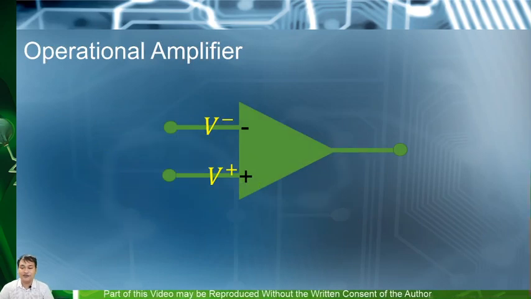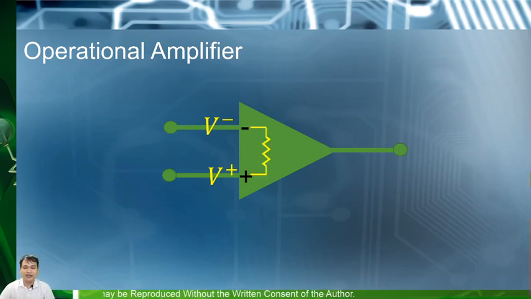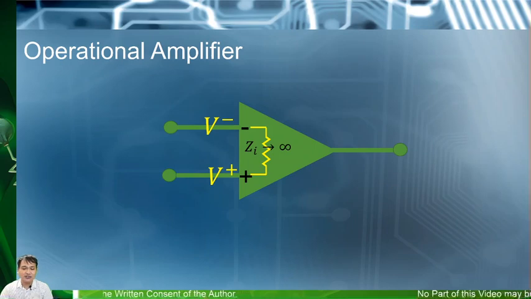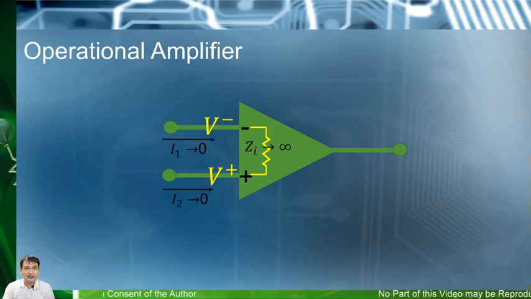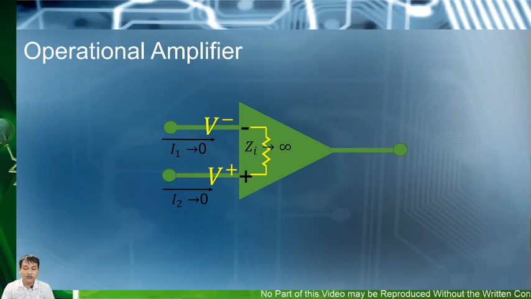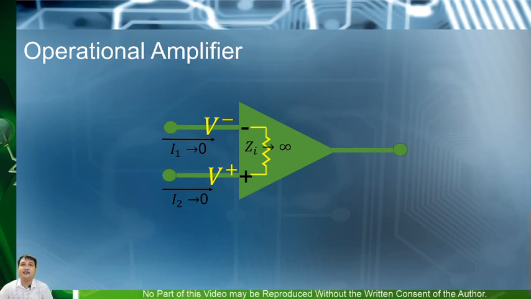Another characteristic of the op-amp is that it has a very high input impedance. So, when it has a very high input impedance, it means that the current entering for both inputs is 0, because the input impedance, which approaches infinity, will cause the current to drop down to 0.